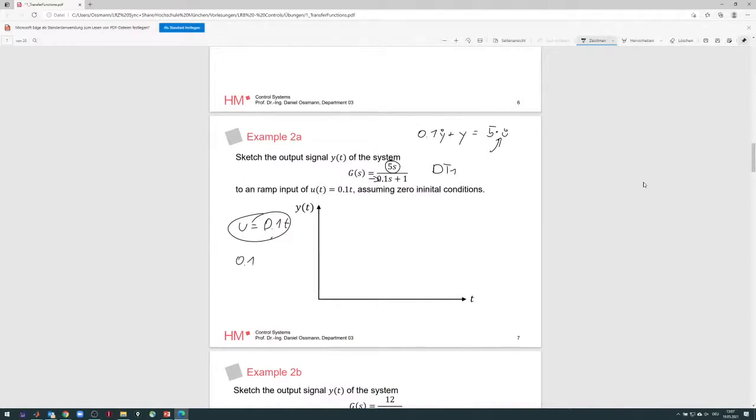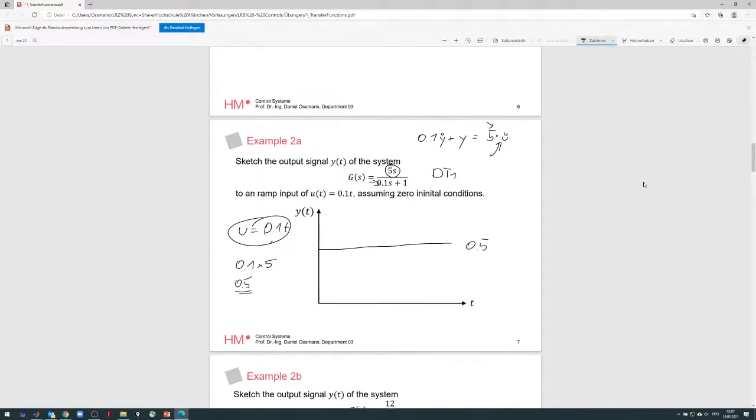Multiplied by 5 is 0.5. This is what you have here. So this is constant. This needs to go to 0.5 in steady state. And now you have a lag. It's a DT1, so you don't have the answer immediately.